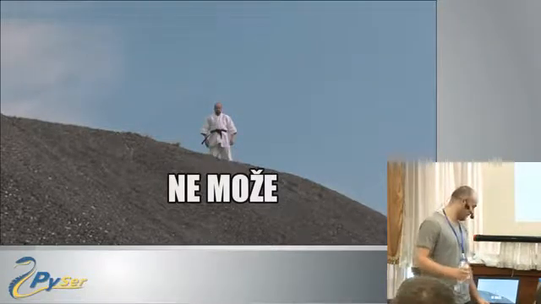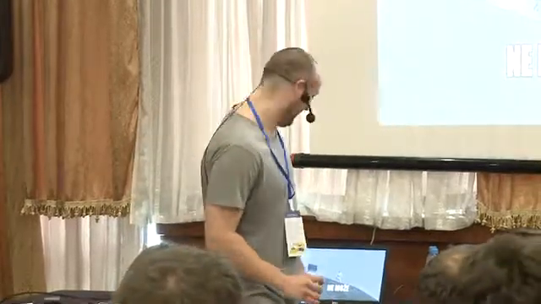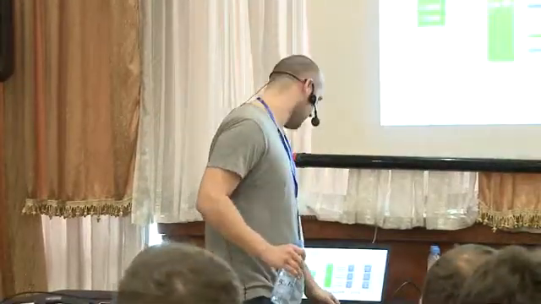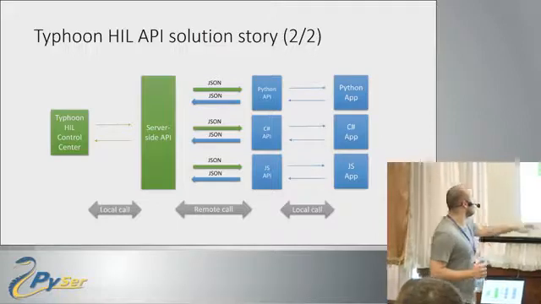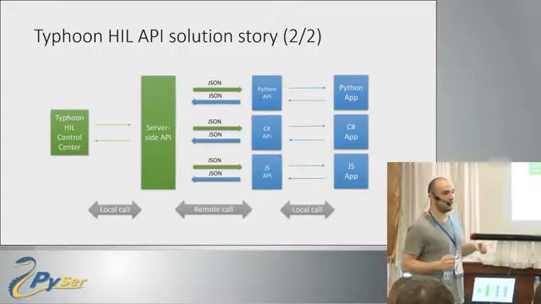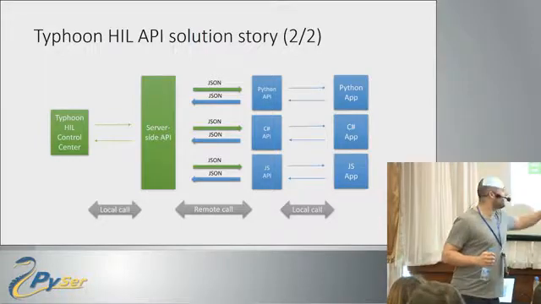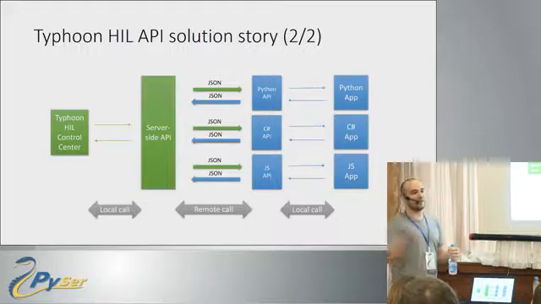So where's the ZMQ? Yeah. ZMQ serves as a transport layer between these sides. Both of these sides use ZMQ sockets to transport the messages, and we use JSON RPC as the format that ZMQ uses to send these messages.